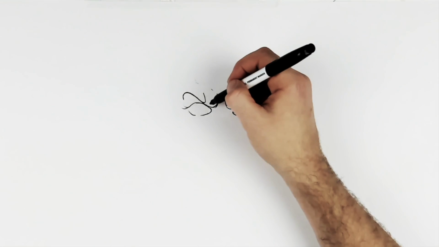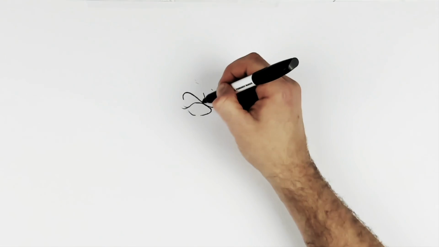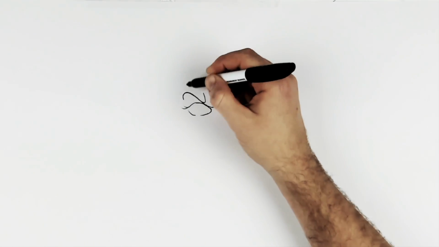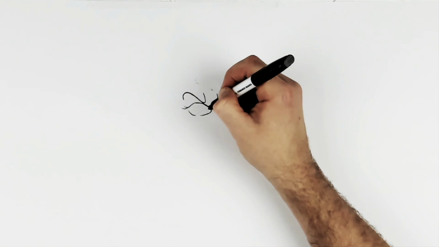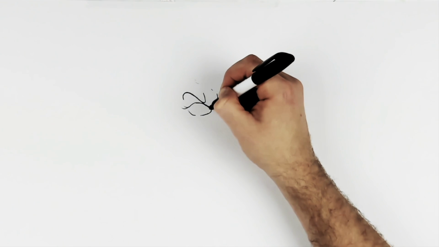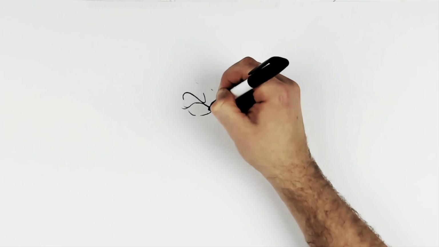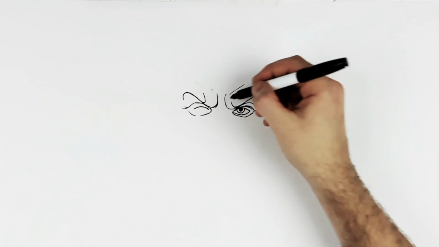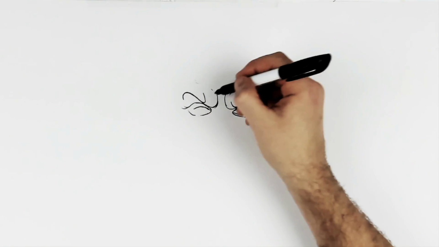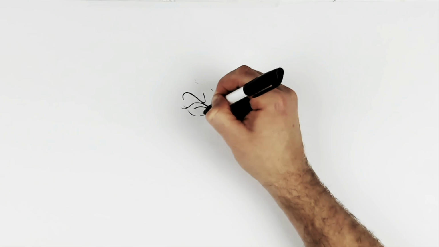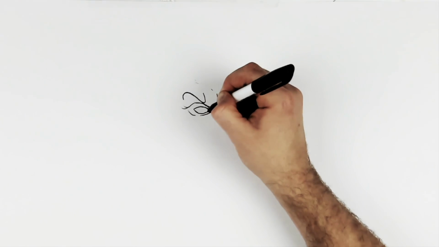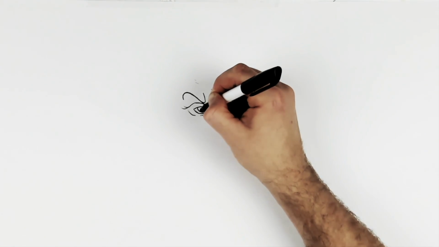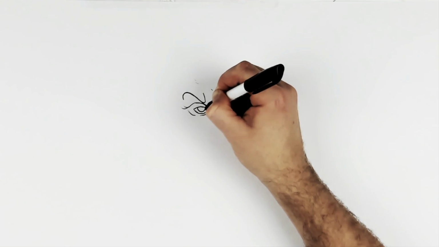Right, and we'll attempt to do the same thing over the other side. So that's the gap for his eye, and we'll go same sort of thing again. And then pupil.